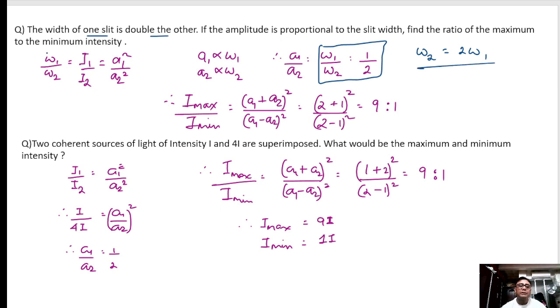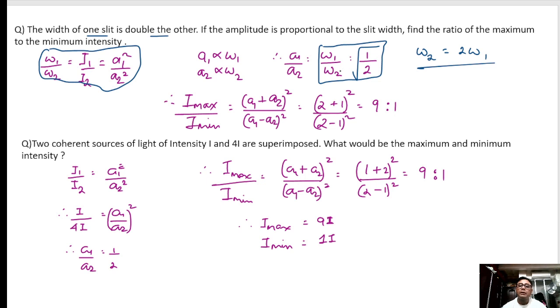So we know this relation. Okay, so from here we can easily see omega 1 by omega 2 is 1 by 2. So that means A1 by A2 will be what? Root over.